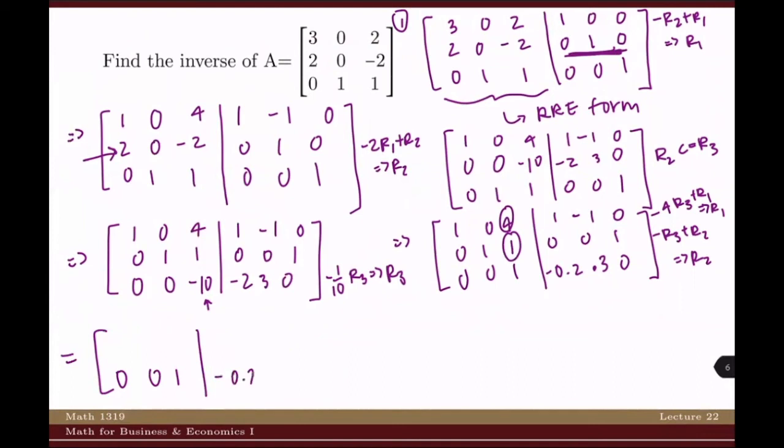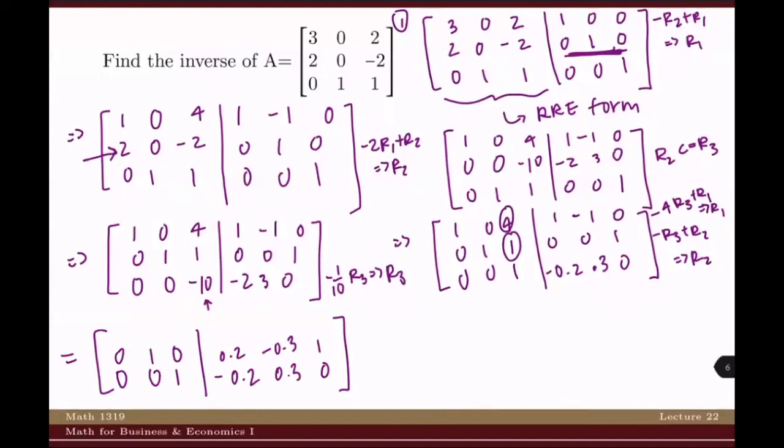And negative 0.2, 0.3, and 0. Okay, so negative row 3 plus row 2, so it's just going to be 0, 1, 0. But now, instead of negative 0.2, I'll have 0.2 plus 0 is just 0.2. And then negative 0.3 plus 0 is negative 0.3. And then 0 plus 1 is 1.